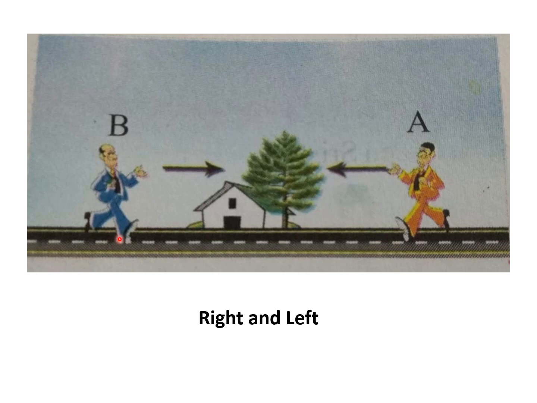When you ask person A, he will give the answer that the house and the tree are on the right side. So for person A, they are on the right side, and for person B, they are on the left side. So to whom it appears, they give the answer accordingly for right and left.